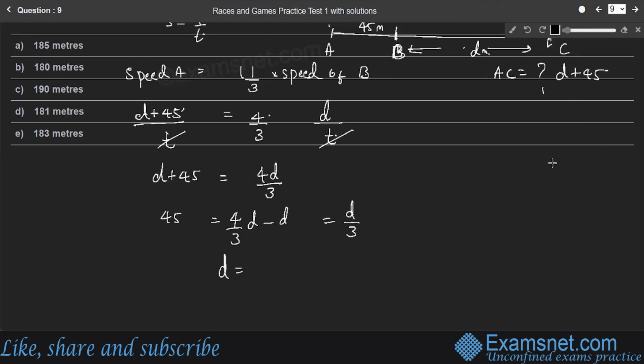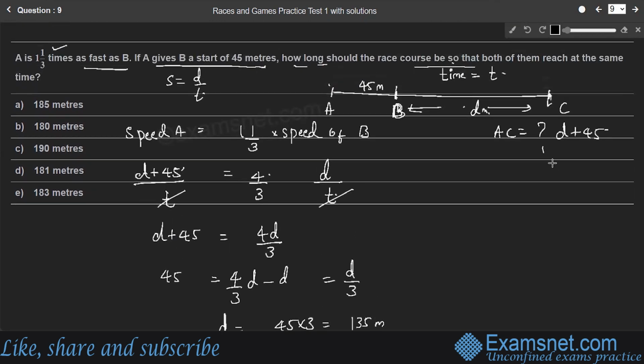Therefore, the value of d is 45 into 3, which is 135 meters. So the distance covered by B, or BC distance, is 135 meters. We need AC, so 135 plus 45 gives 180 meters.